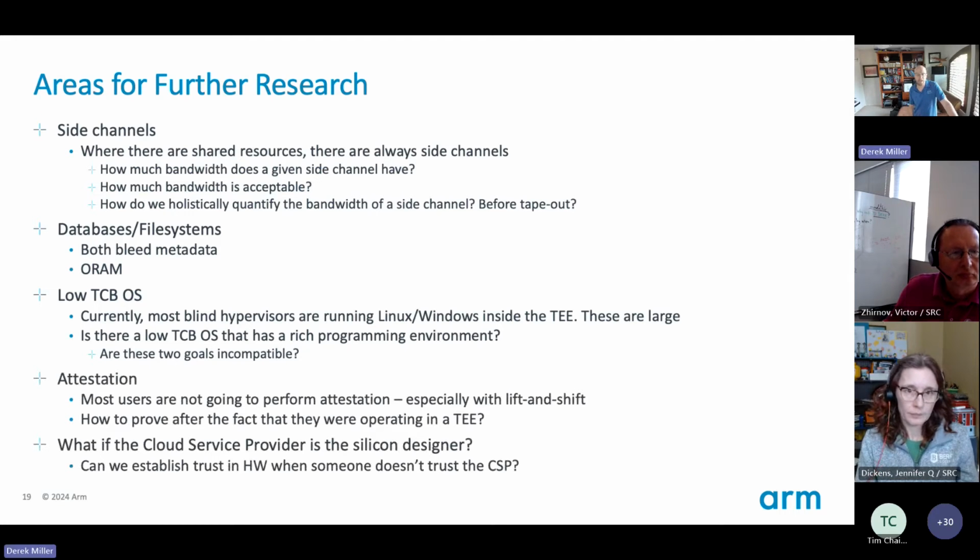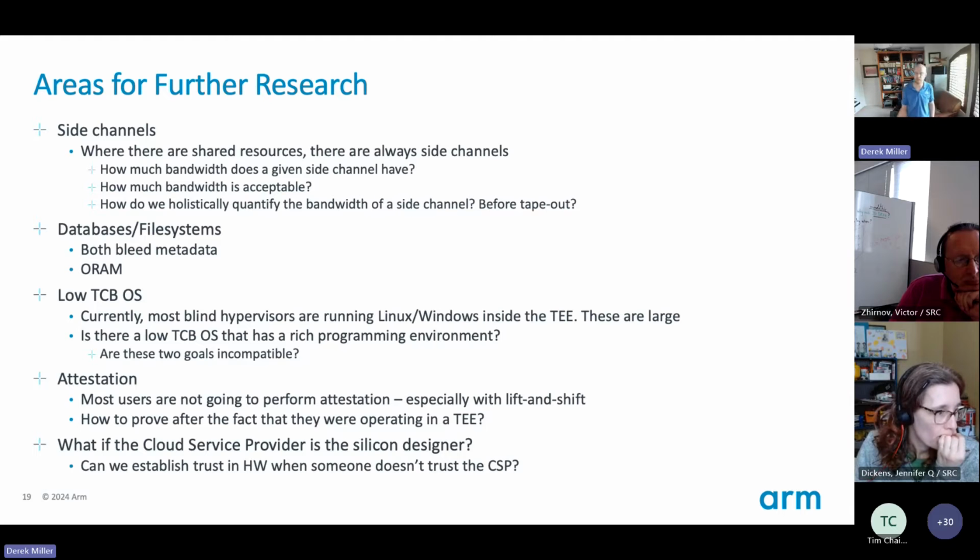Attestation is another issue that comes up. Most users in a lift and shift model are not going to perform attestation. They just aren't. So how can a CSP, a cloud service provider, or an edge service provider prove after the fact that their customer was in fact operating in a trusted execution environment? There's a bit of work going on in this area, but I think there's a lot to be learned. And then what if a cloud service provider is the silicon designer?